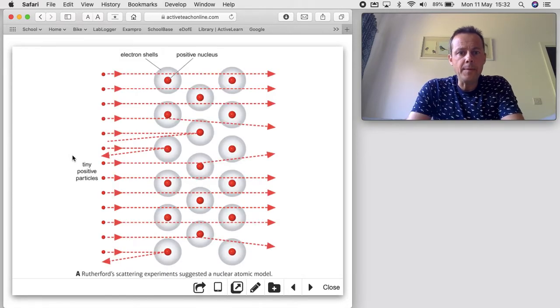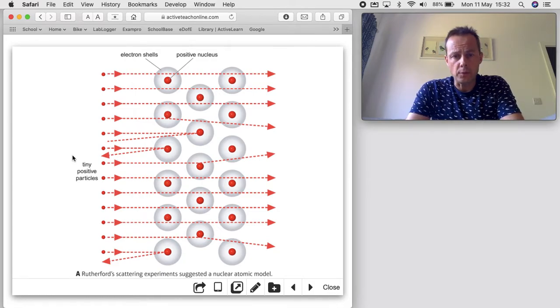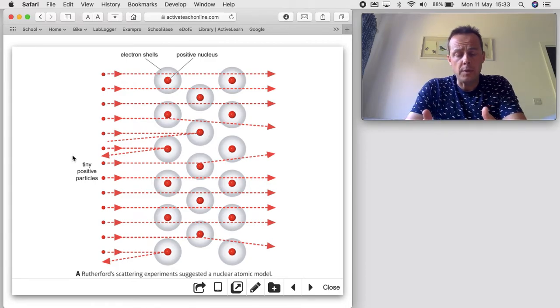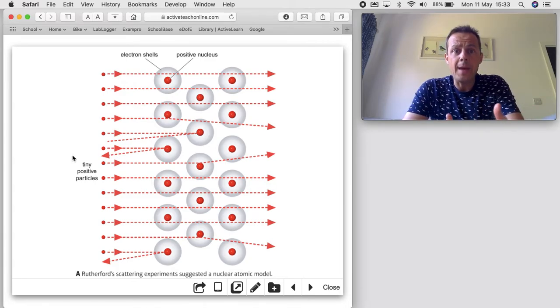Now, in this diagram, you can see that Rutherford and his team conducted an experiment where tiny positive particles were fired at a thin sheet of gold. Now, most of those particles passed straight through the gold foil. Based on those results, that would suggest that even though there was lots of matter there, that matter was made up of atoms, but most of that atom was empty space.